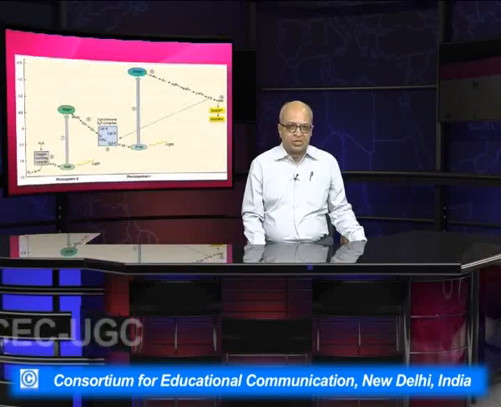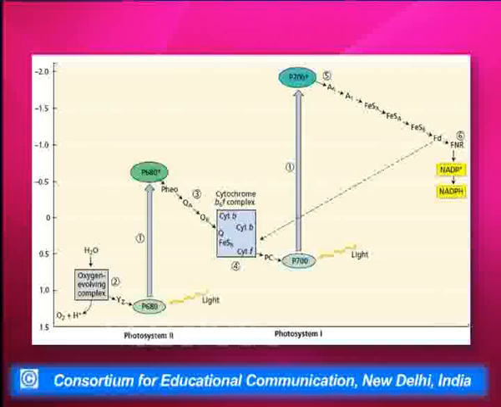Let us try to appreciate the Z scheme of photosynthesis, where we find that PS2 gets excited first, the electrons go to plastocyanin, and then by a descending series of cytochromes, the cytochrome b6f complex, the cytochrome 559 complex, they come to PS1.